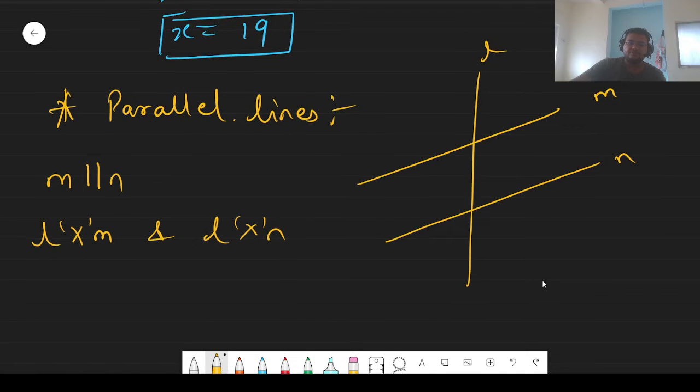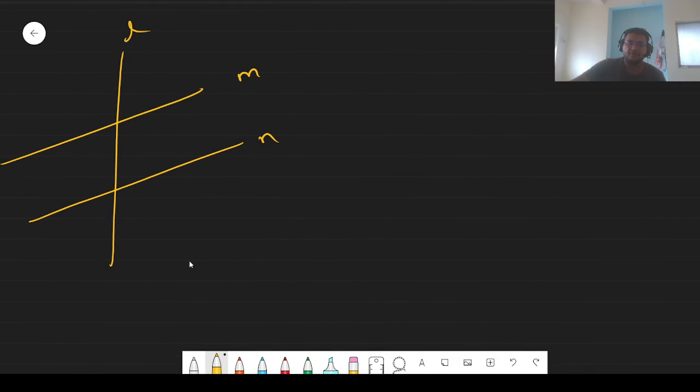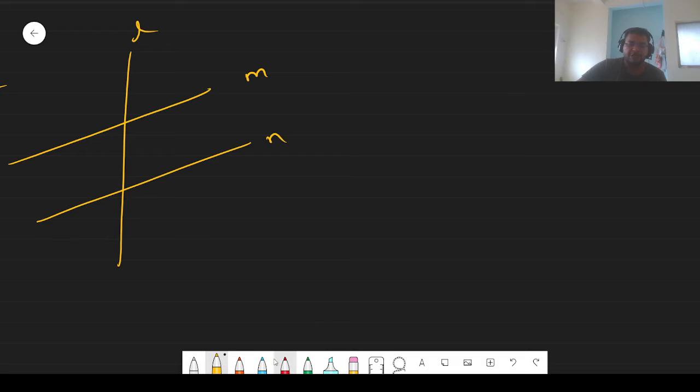What I can do here is, let's say this is a figure and I will name some angles here. Let's say this is 1, 2, 3, 4, 5, 6, 7, and 8. Okay, fine.